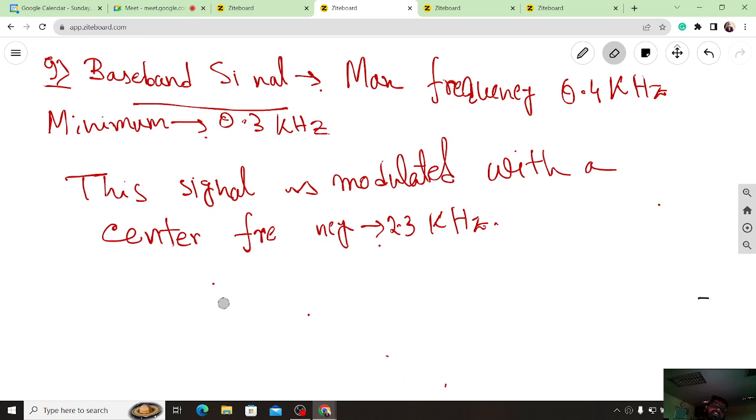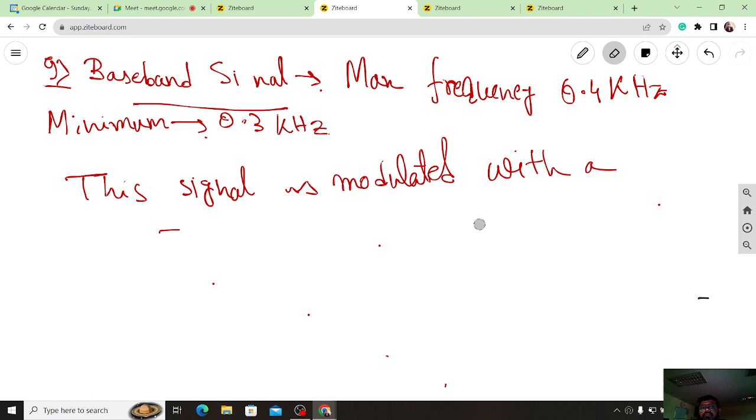Again we have to consider that slope type of information. So this time the carrier frequency fc is 2.3 kilohertz.